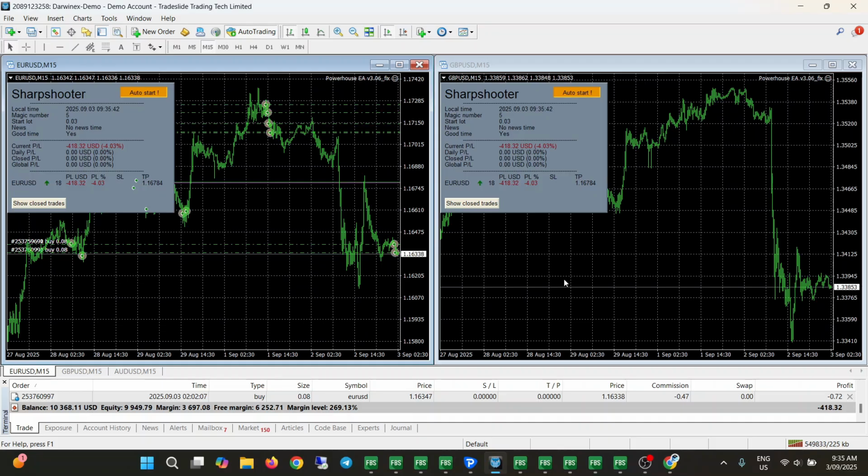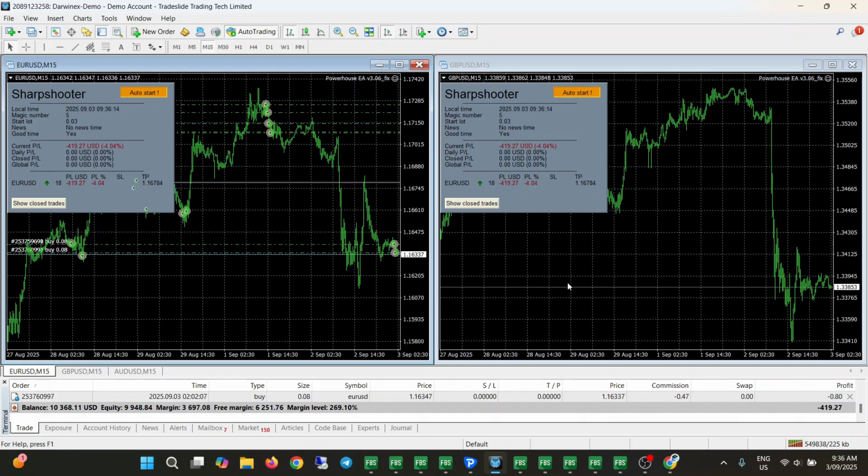But here we go. I actually have a DarwinX account trading Sharpshooter using the Powerhouse EA, and so far it is trading at $368 in profit. It has had a moment where it did make a loss on the DarwinX account. I don't have the account up on Chrome at the moment, but I can put a link in the description below if you want.